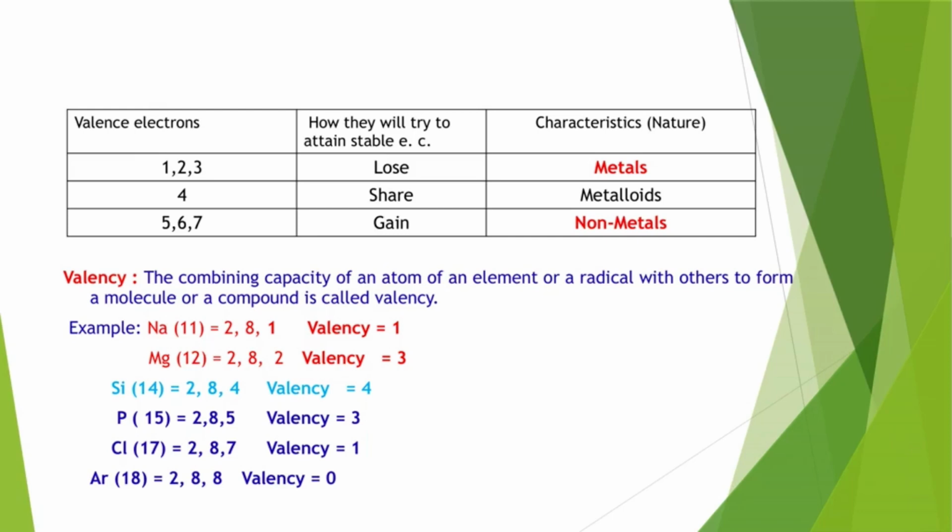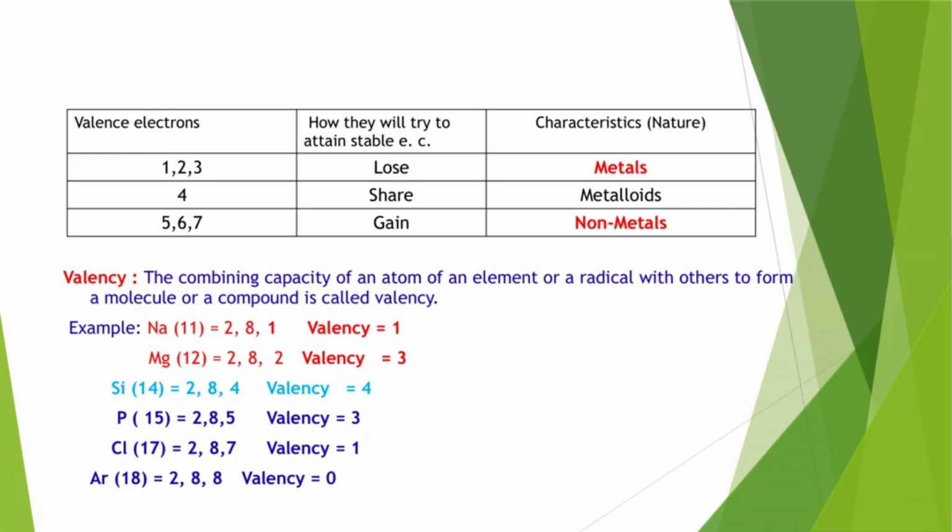So, just now I have discussed that the elements which have a stable electronic configuration like the noble gases are stable, but other elements, except helium which has a duplet, will try to attain 8 electrons in their valence shell to become stable, and a few elements will try to get a duplet.